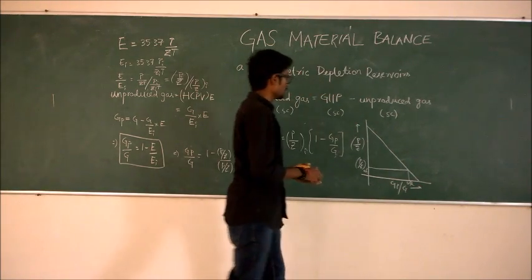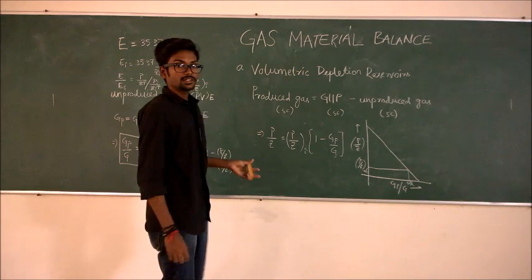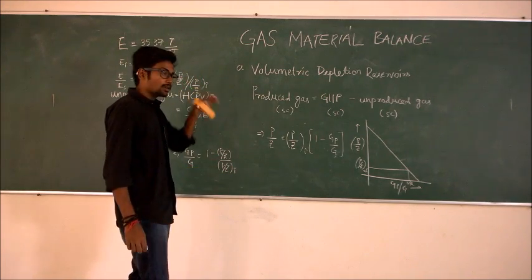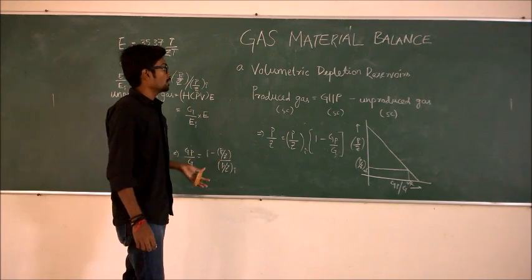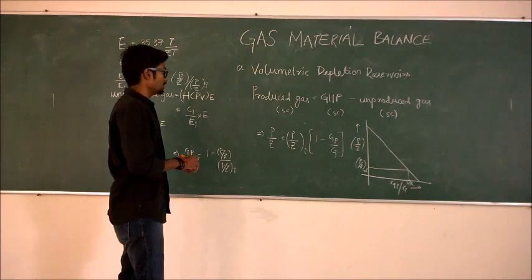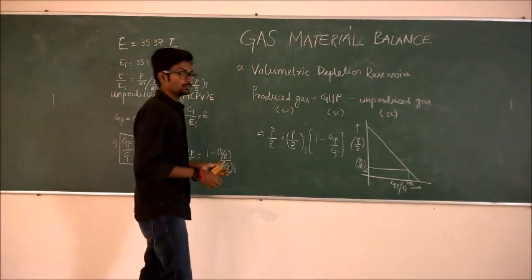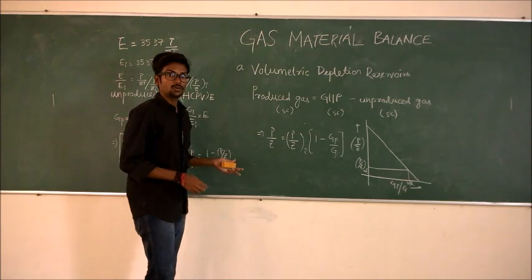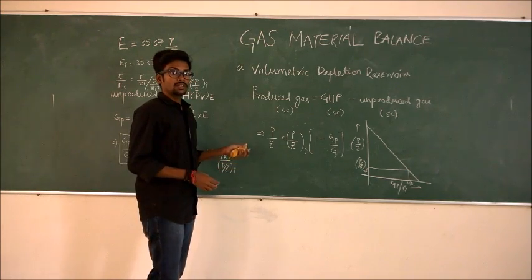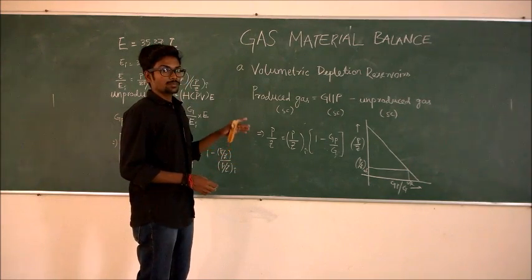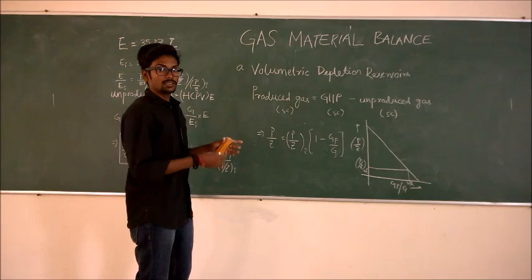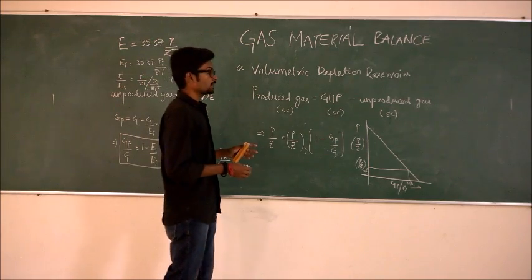Now, since we did not consider the effect of the aquifer on the reservoir, if we consider the effect of the aquifer, then the hydrocarbon pore volume will get affected due to the connate water expansion and the increase in the grain pressure because the fluid is being removed from the pores.